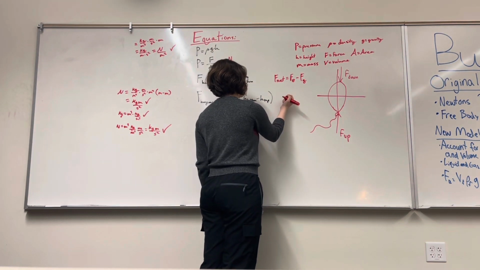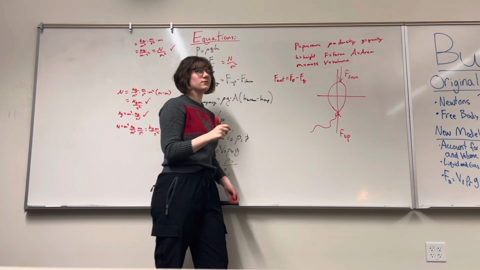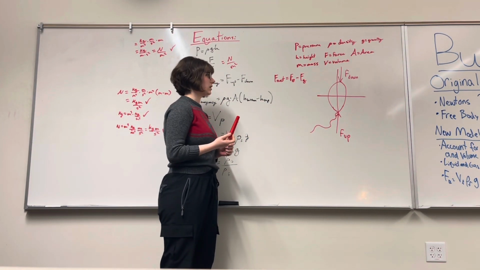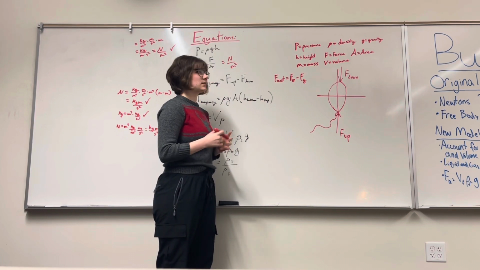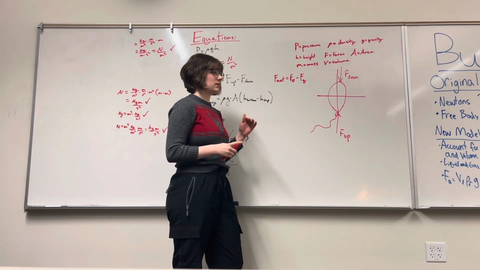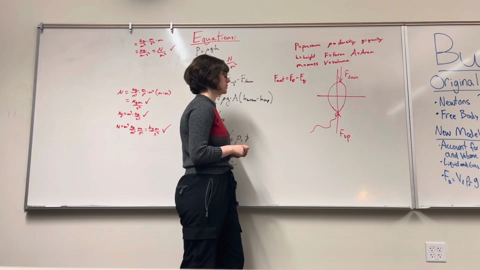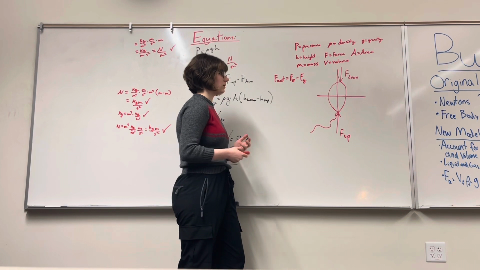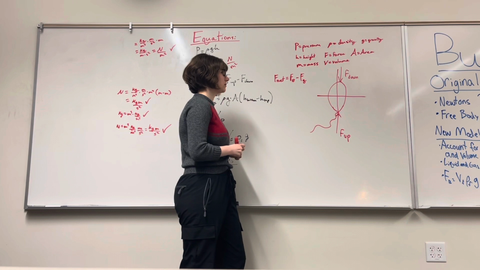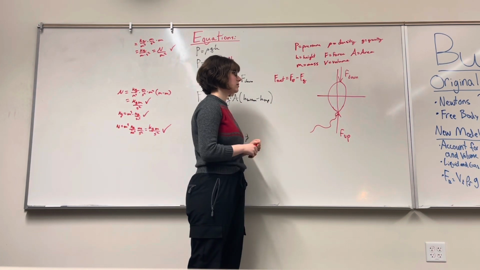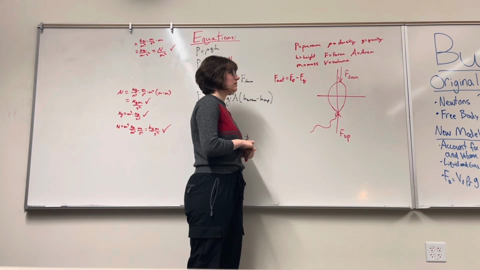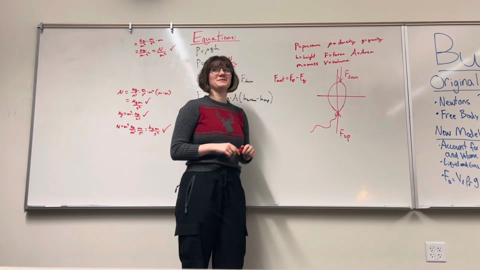If F net is greater than 0, then we know that the object is going to be moving upwards or accelerating upwards. And if F net is negative, then we know it's going to be sinking. So in water, that would be like if a boat had a high enough density that it caused its buoyancy to be lower than gravity, then it would sink in water.